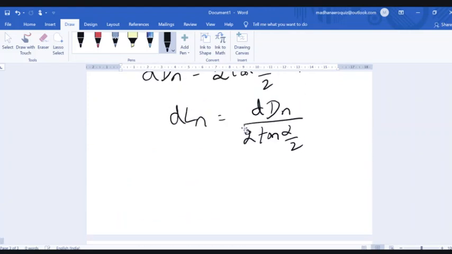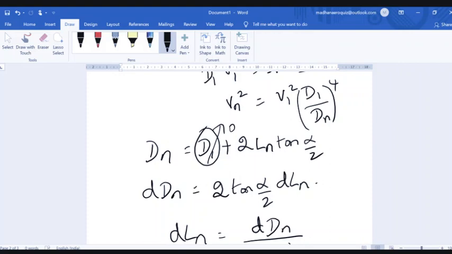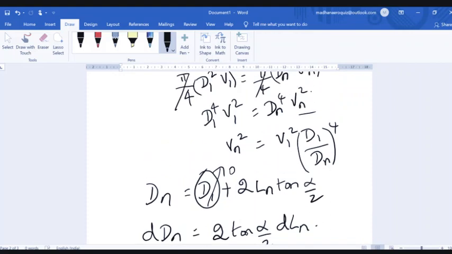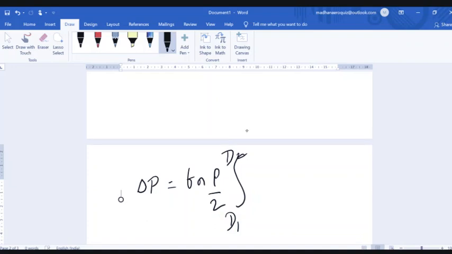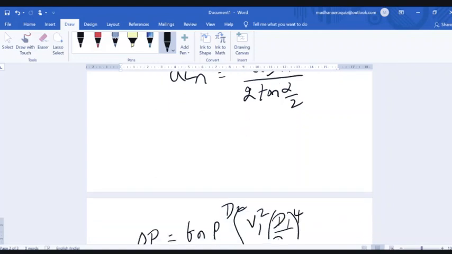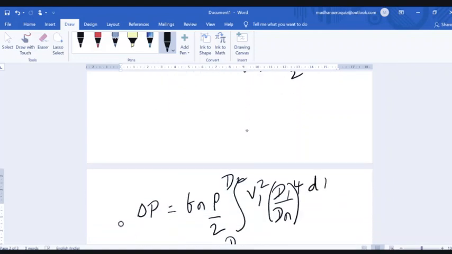Instead of vn square, we rewrite this equation: v1 square times d1 by dn whole power 4, and then we have the dln equation, ddn by 2 tan alpha by 2.